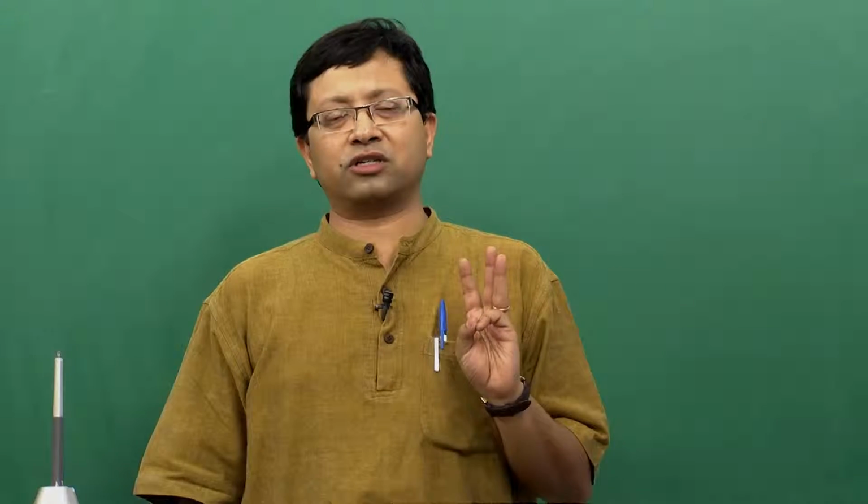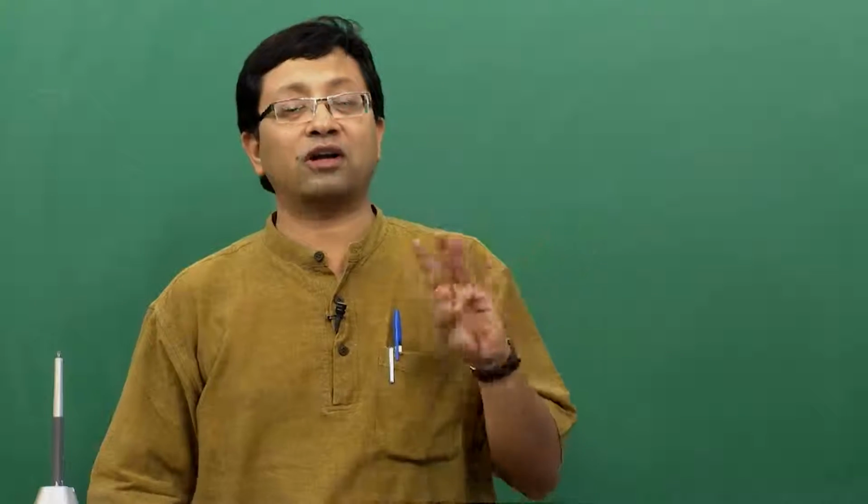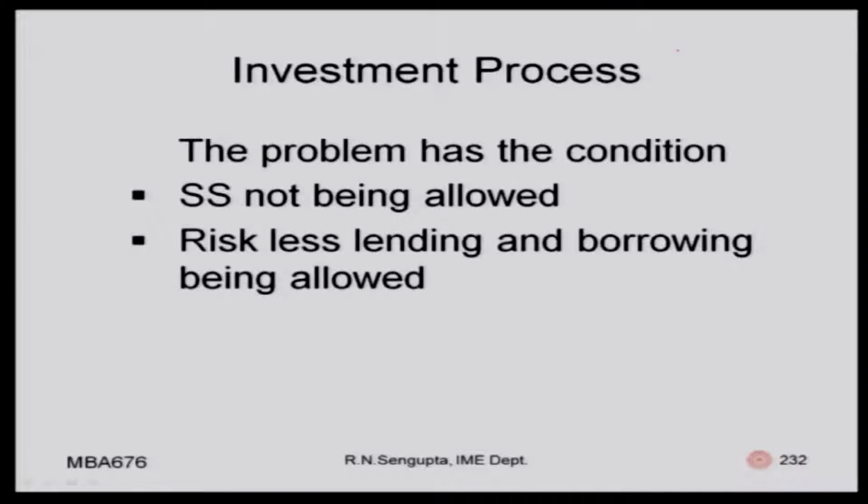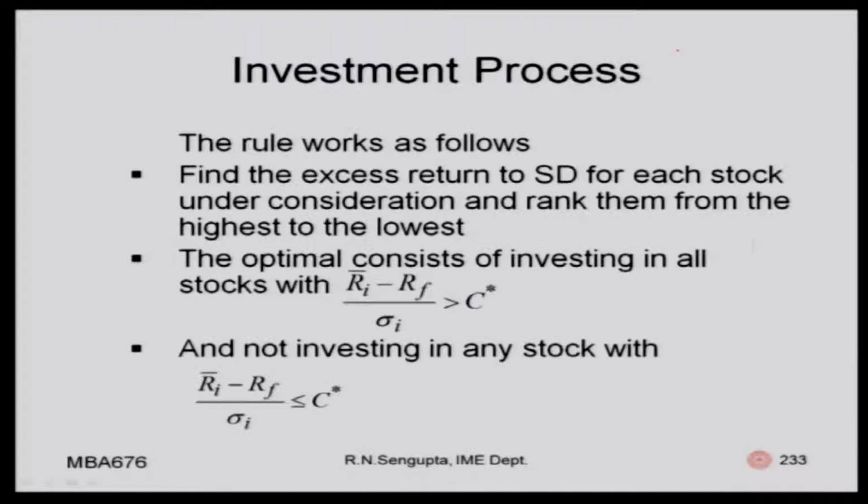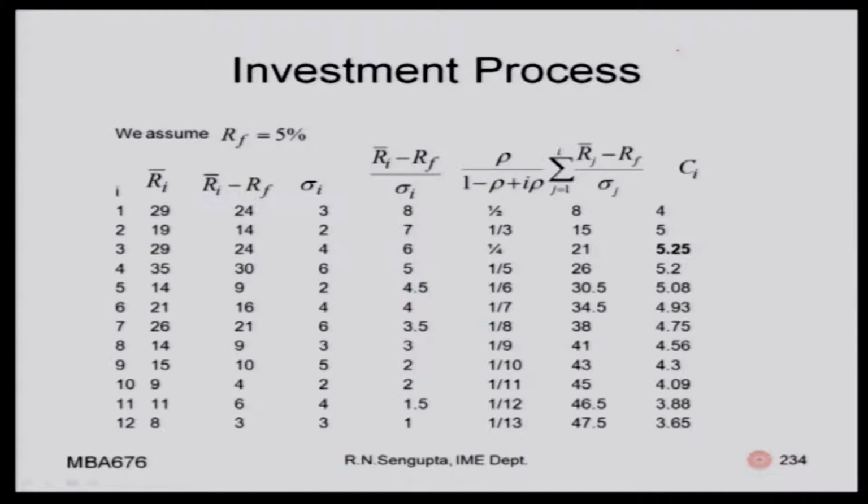When I use the words short selling allowed, it means I am using the non-Lintner's definition. So, the problem has the condition short selling not allowed, riskless lending and borrowing being allowed. The rule works as follows: excess return divided by sigma greater than C star, include; excess return less than C star, do not include.